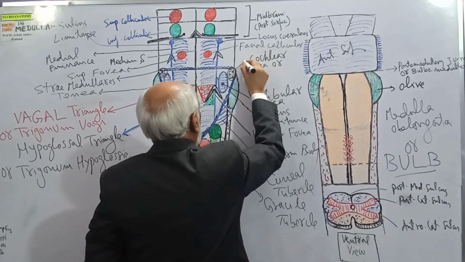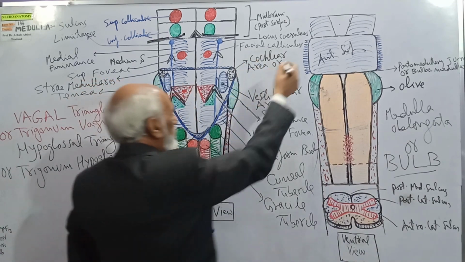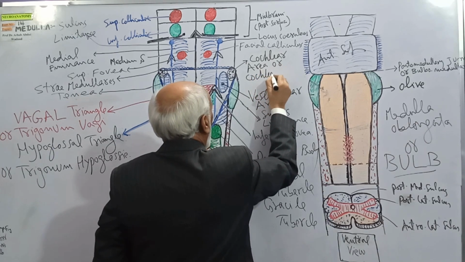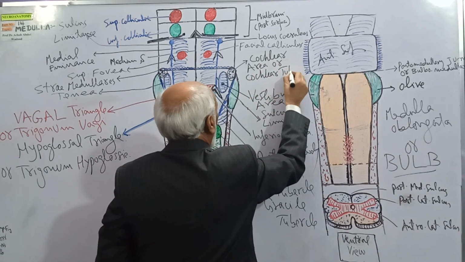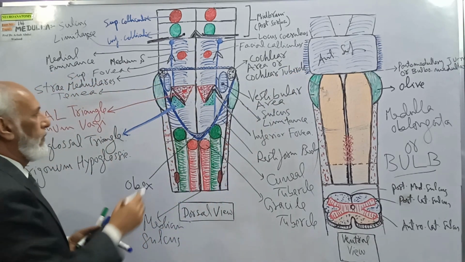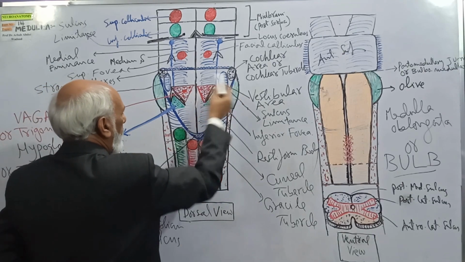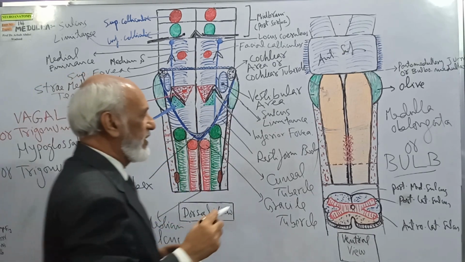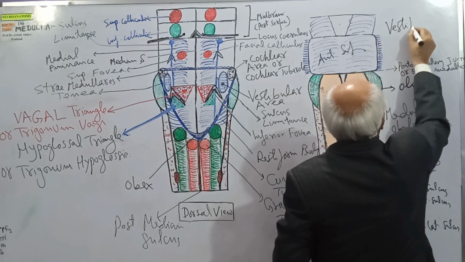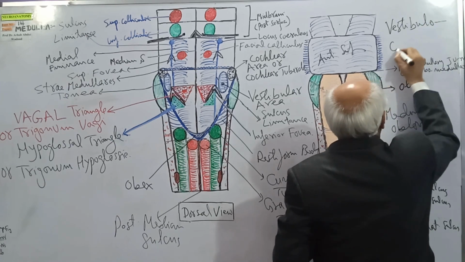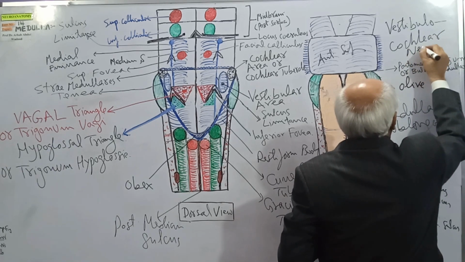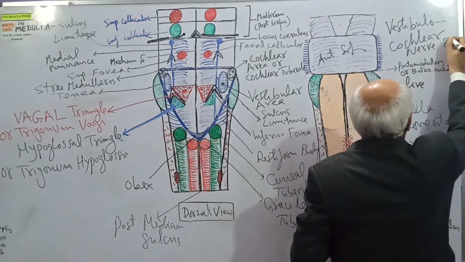Because this area is slightly elevated, it is also known as the cochlear tubercle. Why vestibular area and cochlear tubercle? You know, there is a cranial nerve known as the vestibulocochlear nerve. You know, this is the 8th cranial nerve.